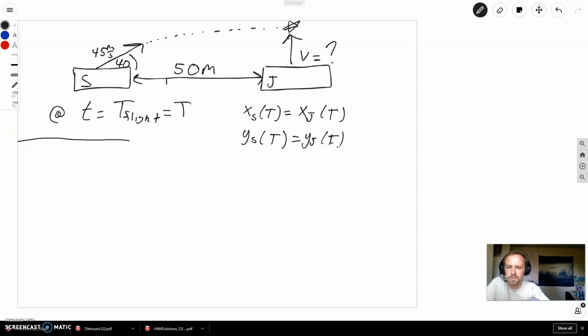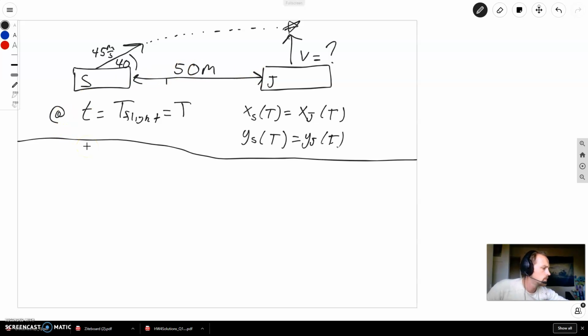So let's just get to cracking. All the question wants to know is how fast does he need to be shot? So you can do a little bit of a trick here. A lot of this information we actually don't need to know. So if I express y_S evaluated at a time, then I will get the initial position, which is 0.